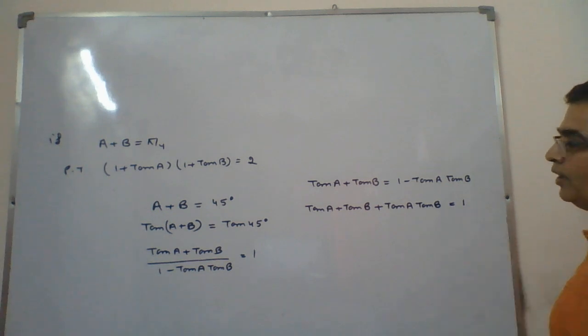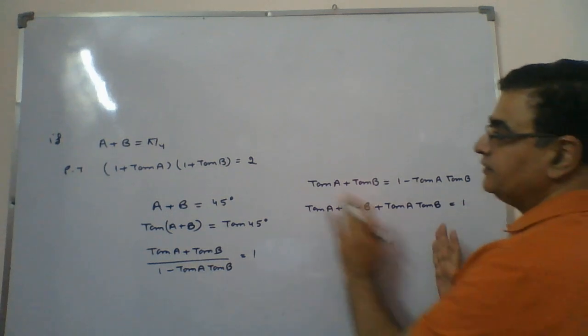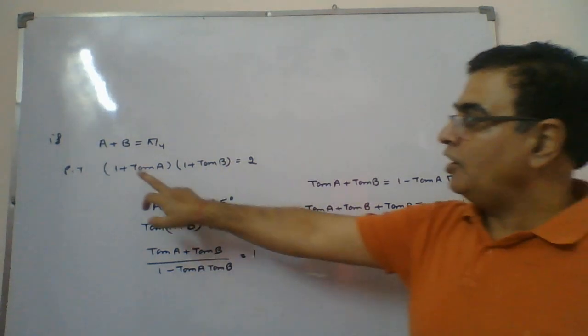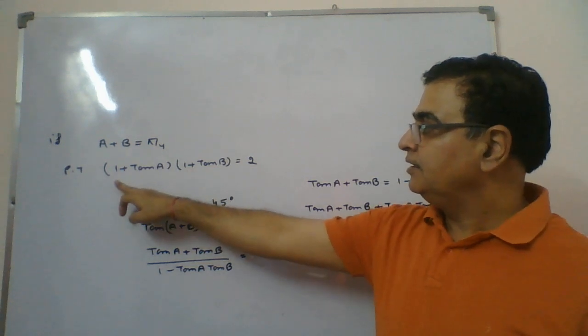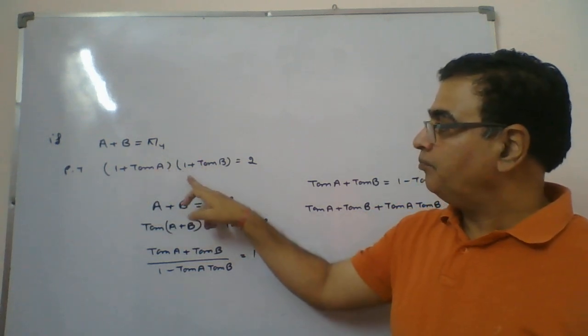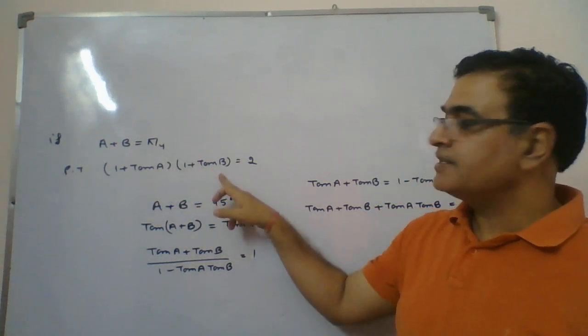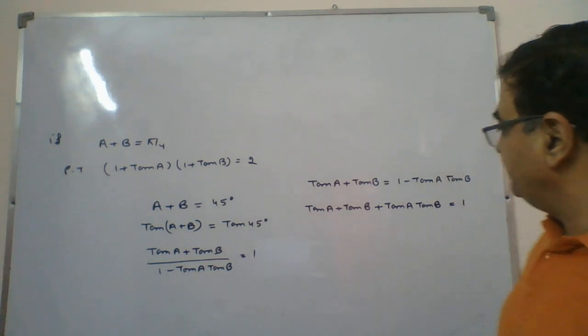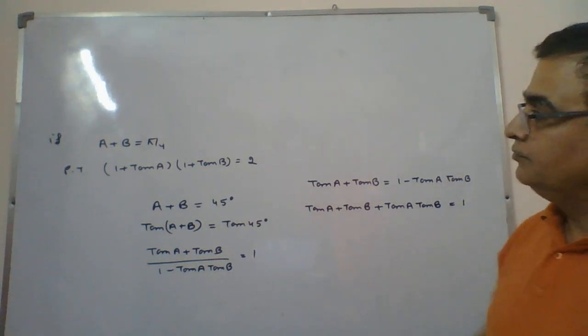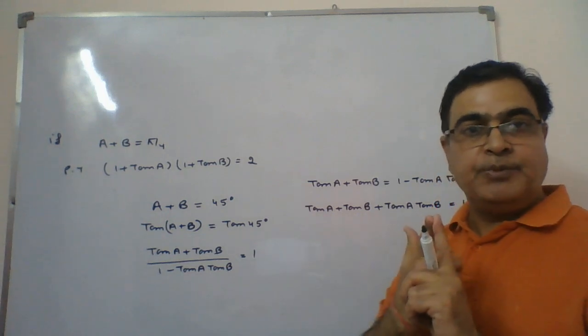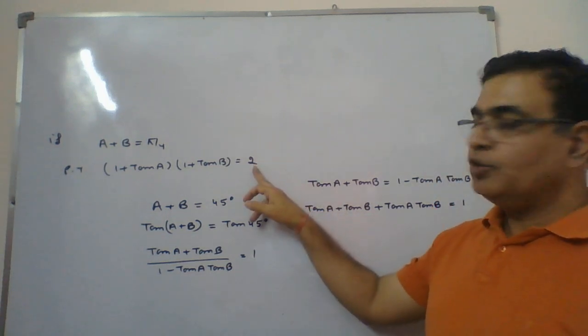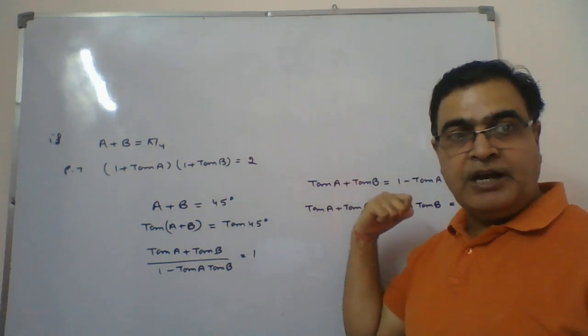This is coming as 1. Now, just check here, what is the difference between this and this? If you solve 1 plus tan a plus tan b plus tan a tan b, what is the term missing here? Only 1. This will give 4 terms. The first term will be 1, which is not here. And one more thing, this side needs 2 and we have 1 only.